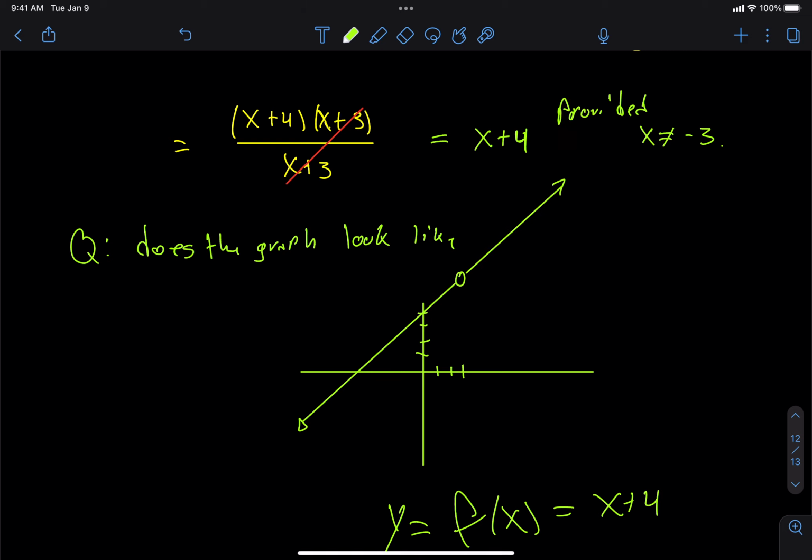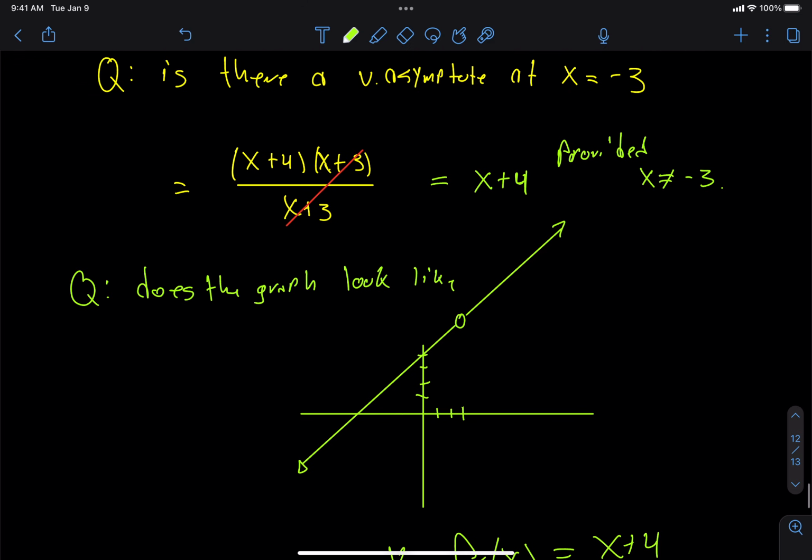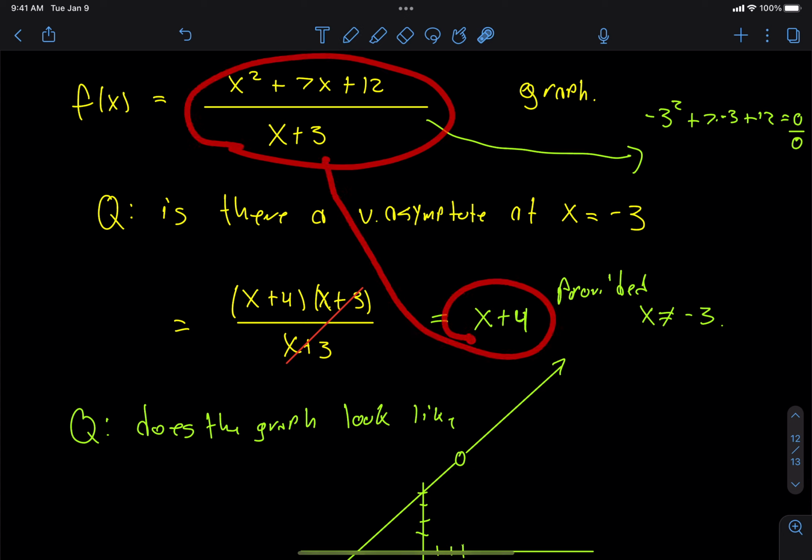It should look like x plus 4, except for that one tiny snag, which is that we have to remember where we came from. And where we came from was this function. This function is equal to this function for every value of x except -3. If it's -3, we get 0 over 0.